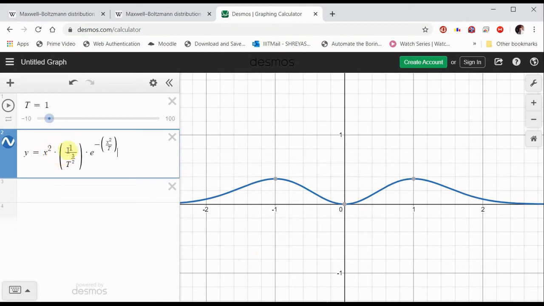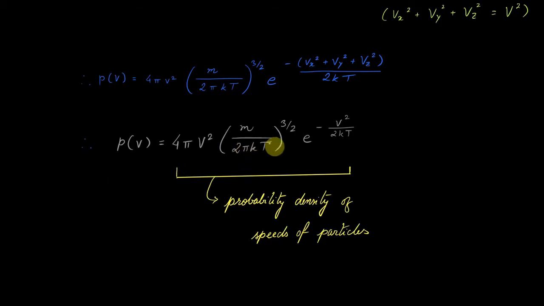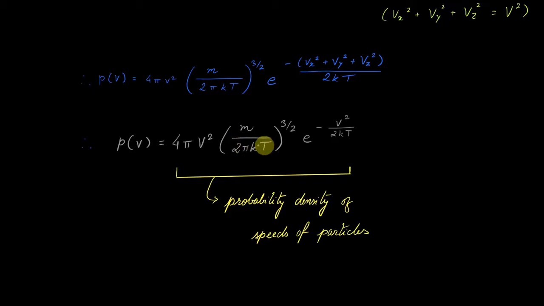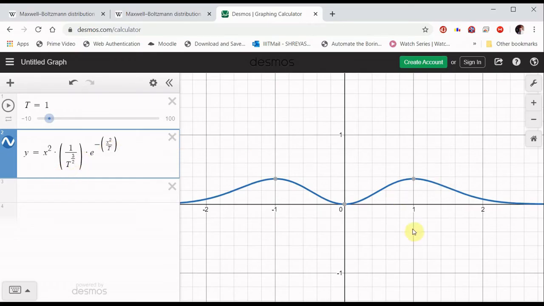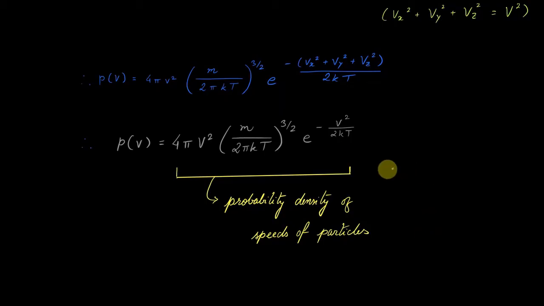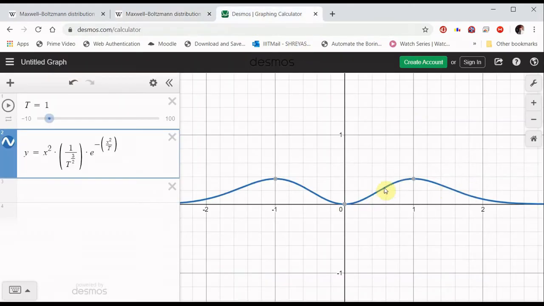Here x corresponds to v, so x squared and e raised to minus x squared, and temperature is this thing right over here: 1 upon T raised to 3 by 2, and e raised to minus 1 by T. That's what I've done here. So this is what the graph would look like, which agrees with this, right? This is approximately what we have got here.